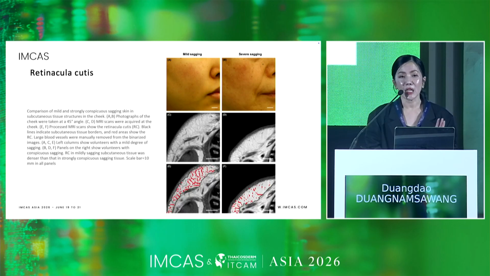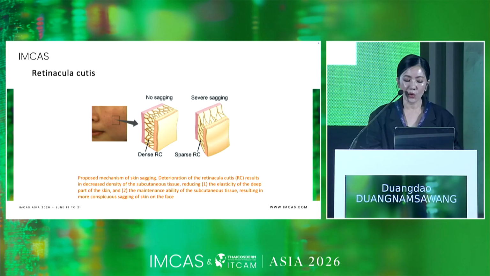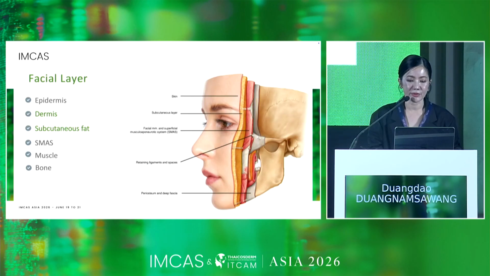They found that the RC is denser in mild sagging than in patients with severe sagging. So the mechanism of skin sagging is thought to come from the retinacular cutis. They found dense RC in no sagging, but more sparse RC in severe sagging.